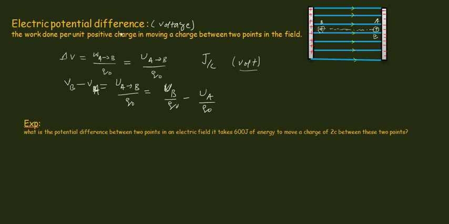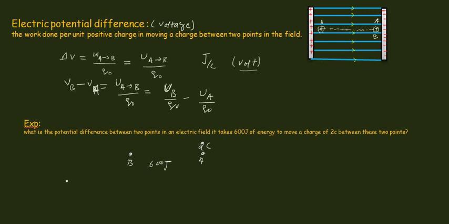Now to understand the electric potential difference or voltage, let's consider an example: what is the electric potential difference between 2 points in an electric field if it takes 600 joules of energy to move a charge of 2 coulombs between these 2 points? So if we have 2 points A and B, and 2 coulombs of charge located at point A, the energy consumed to move this charge from point A towards point B is 600 joules.